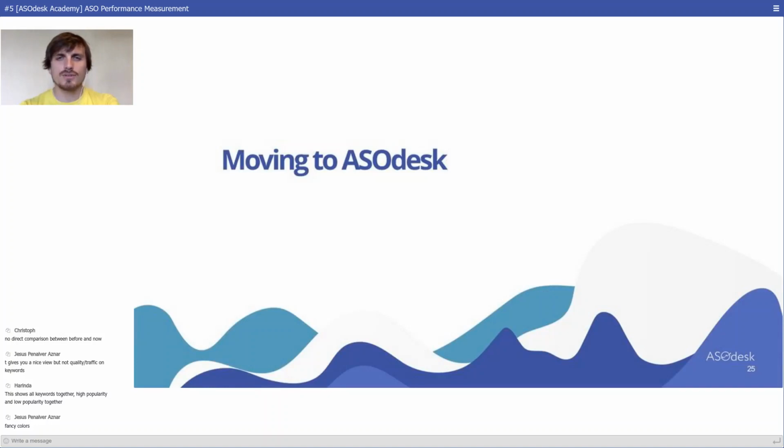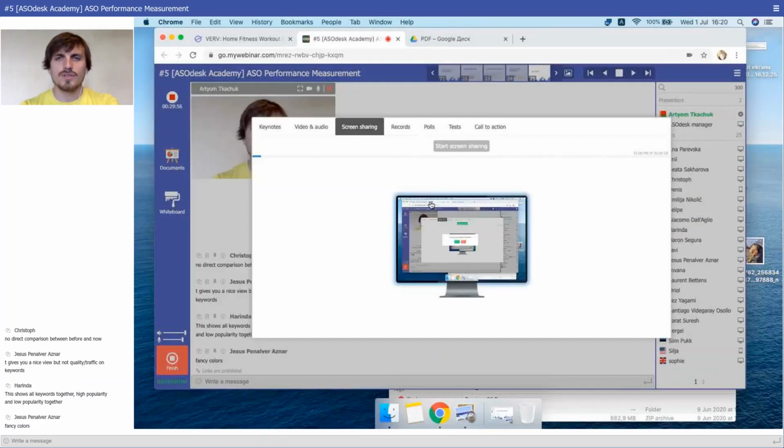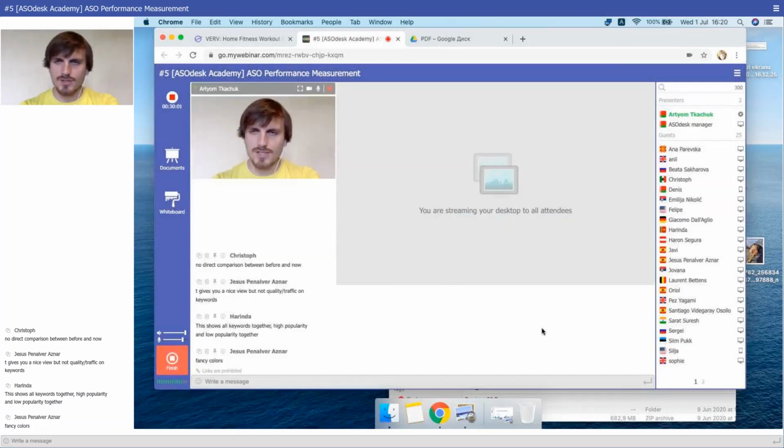Let's try to check the efficiency of the application. So guys, do you see my screen? If you don't see it, please refresh the page. I'm waiting for your responses.